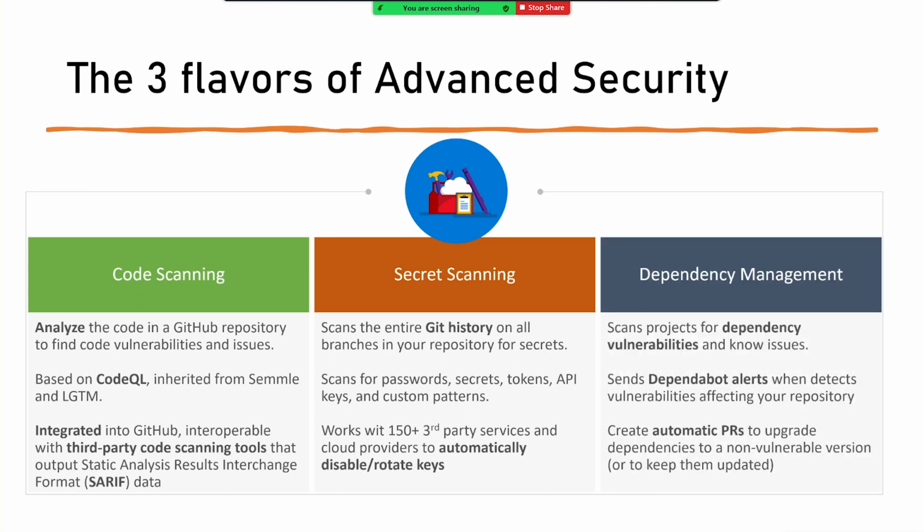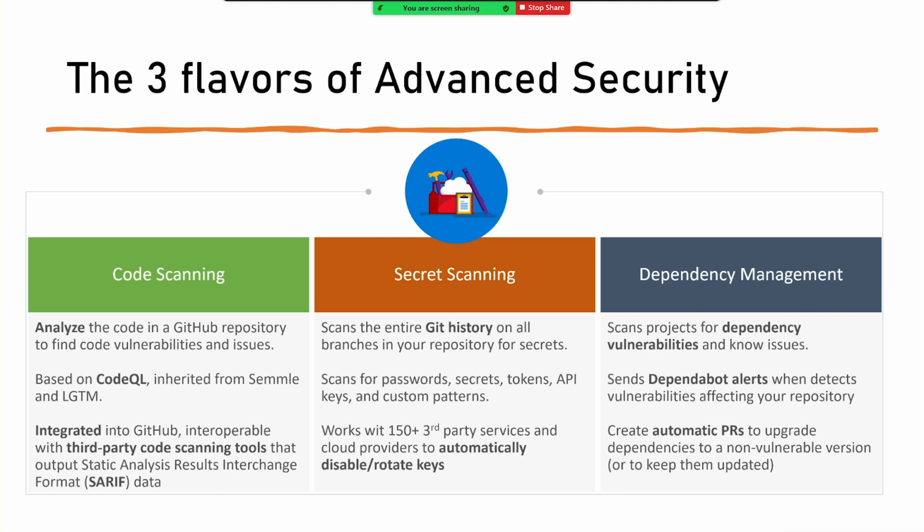And last but not least is dependency management. This is probably the best-known feature of the GitHub advanced security suite, because we talk about Dependabot and dependency vulnerability scanning. Again, what this does is scan your projects to find out if your dependencies are vulnerable. And when we talk about dependencies, we talk about npm packages, Python packages, NuGet packages, all the dependencies that you can import in your project and use as third-party dependencies.